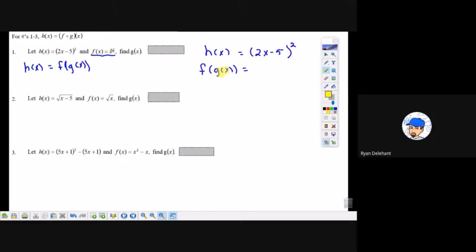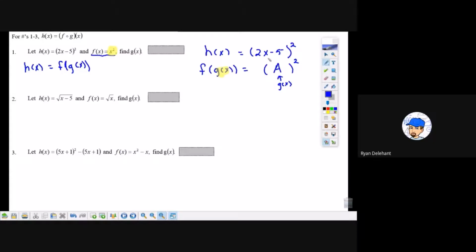f of x is x squared, so it's almost like substitution. If I were to write this with just the squared, and I'm not going to use an x here, I'm going to use an a. This is our function f of x. This is what happens afterwards. We need to figure out, well, what function g of x went into this thing?